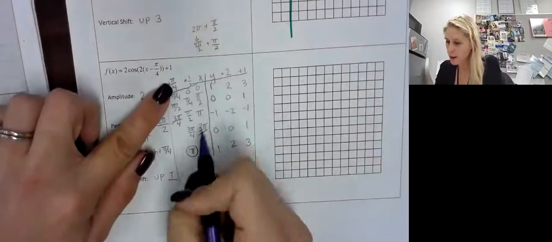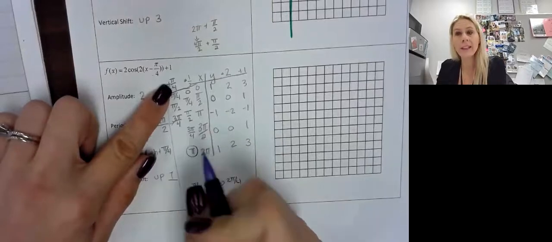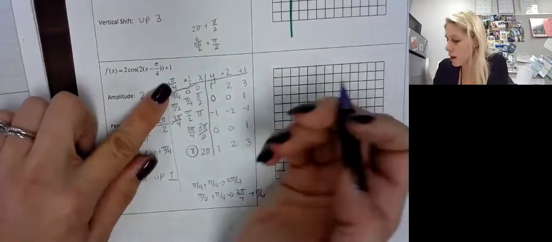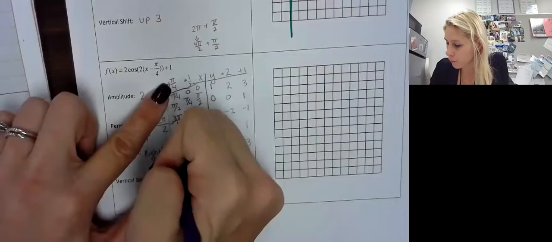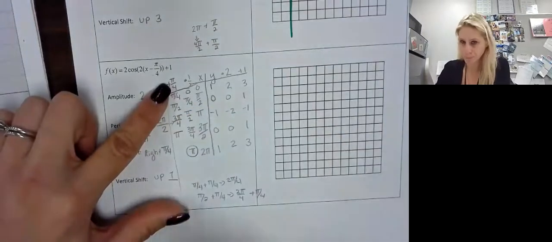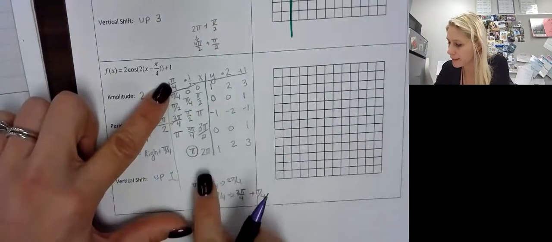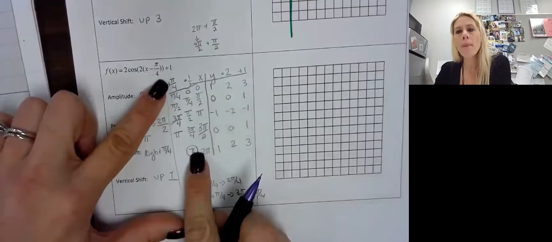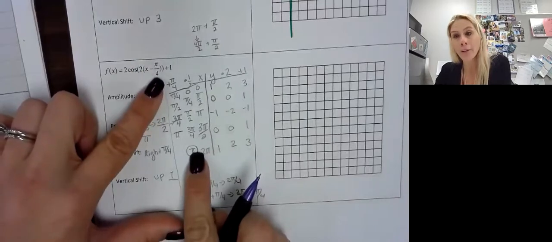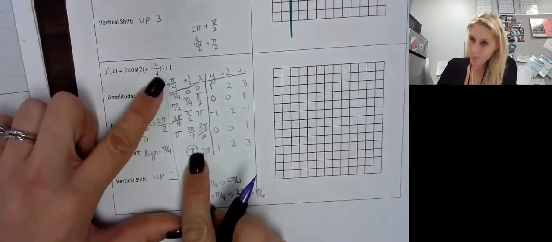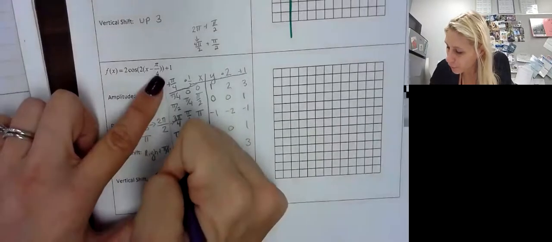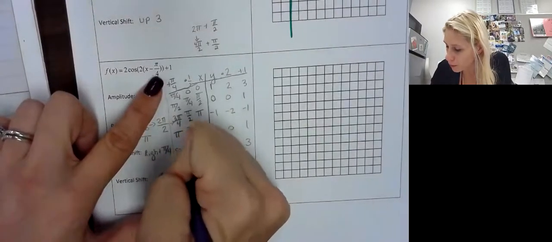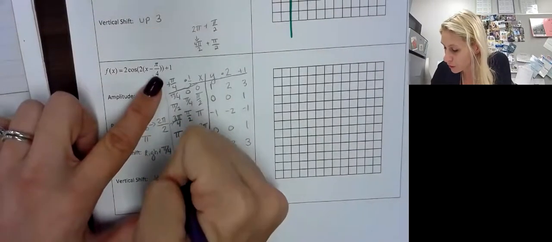Okay, pi over 4 plus 3 pi over 4 is 4 pi over 4. 4 pi over 4 is pi. All right, and this is a full pi and pi over 4. Full pi would be 4 pi over 4. 4 pi over 4 plus pi over 4 is 5 pi over 4. Again, if you have to do that math down below and see the adding of the fractions, do it.